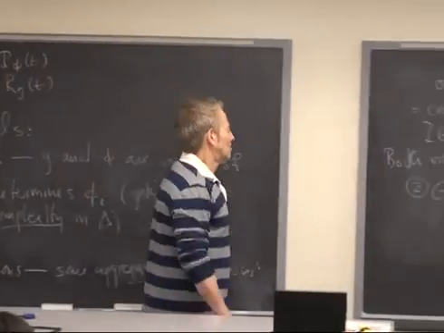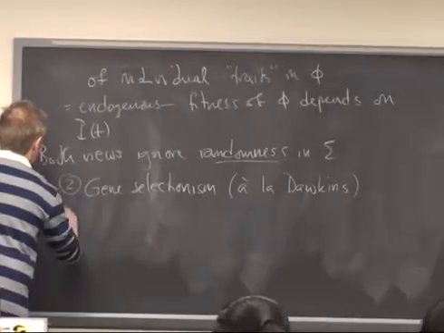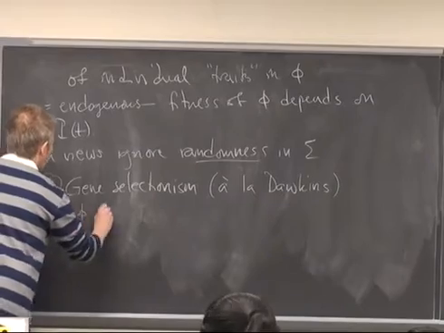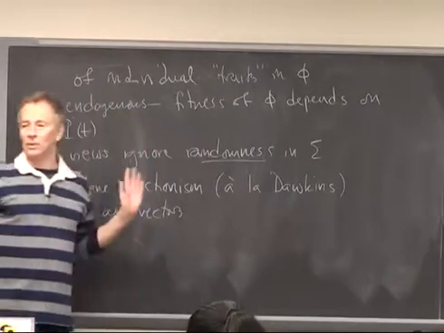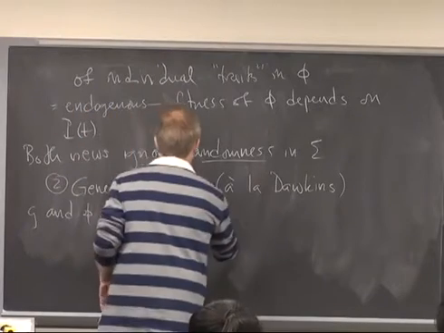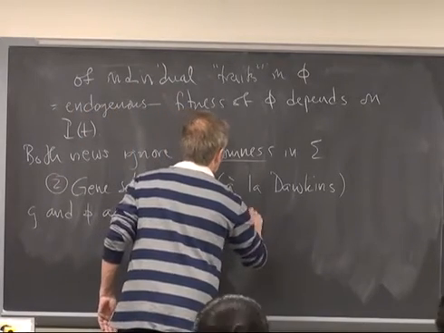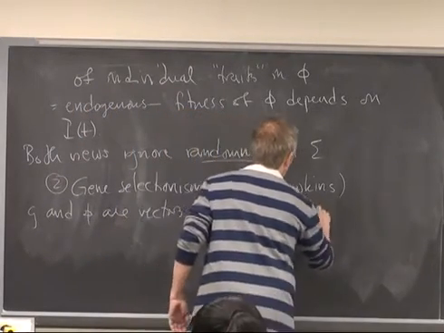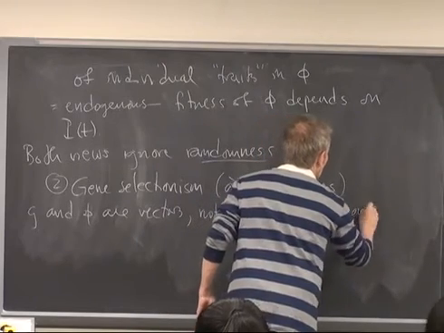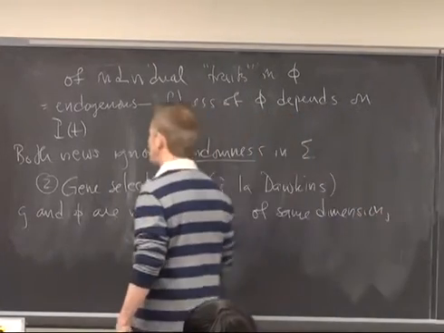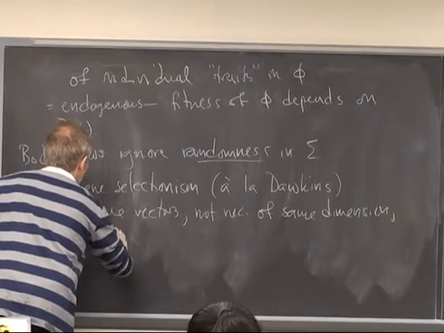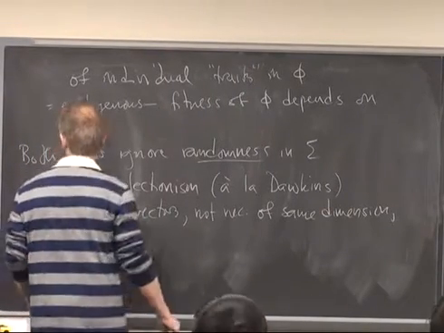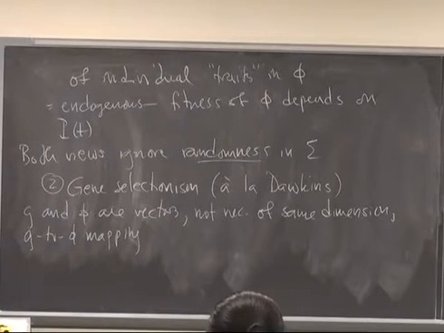In this case, still, phi and g are vectors, but they're not even necessarily of the same dimension. And the g to phi mapping is not element by element, as it was in Beanbag Genetics.